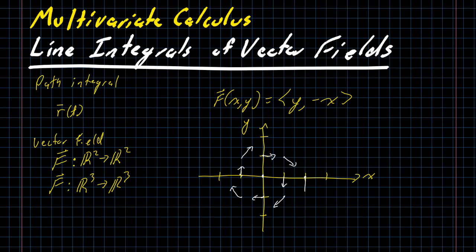If we go out, we'll end up with larger vectors, but the process is going to actually look basically the same either way.